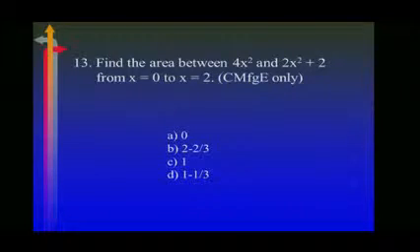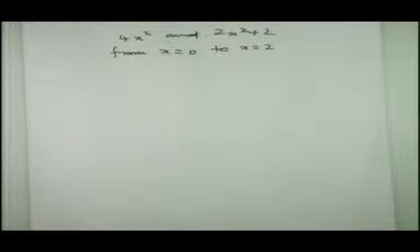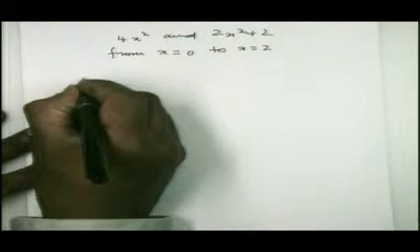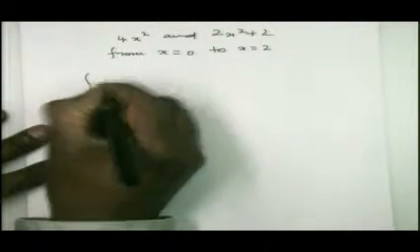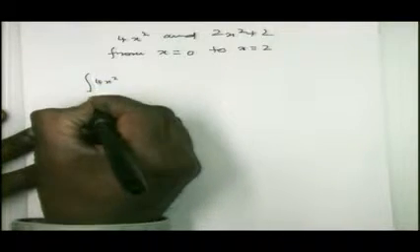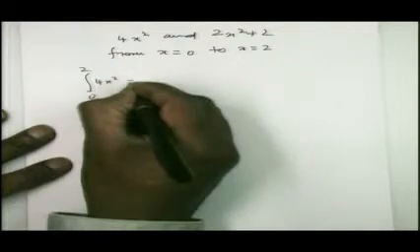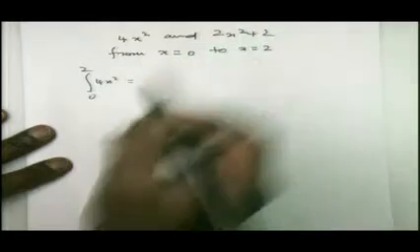I will compute it. Okay, it looks like most of you have written it down, 4x square and 2x square plus 2. Let's go to document reader. What I'm going to do is, the area of 4x square between 0 to 2, how much is it? Then I'll do the same thing with the other one.